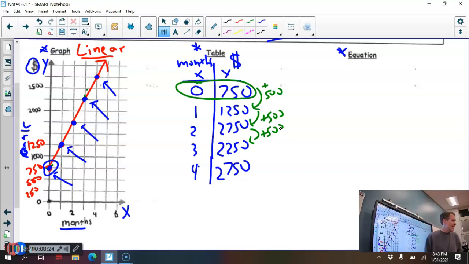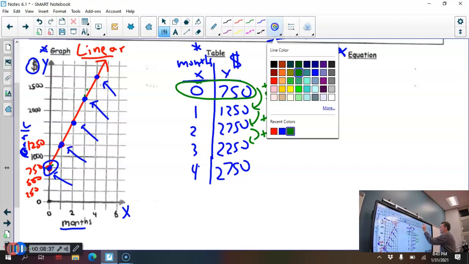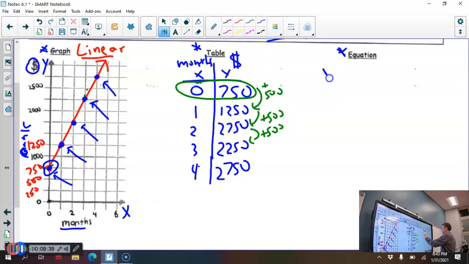All right, and last up we have the equation. Now the equation is probably the best thing to eventually totally understand. We're going to start pretty easy, I'm hoping. So all equations look like this. This is like the formula for a linear equation. All linear equations can be written in this formula. And these letters, they stand for something.